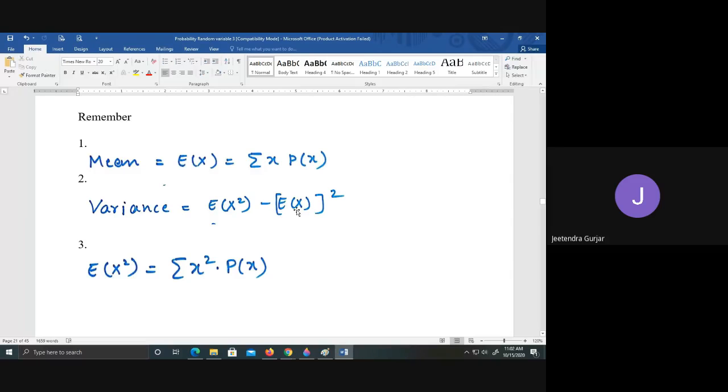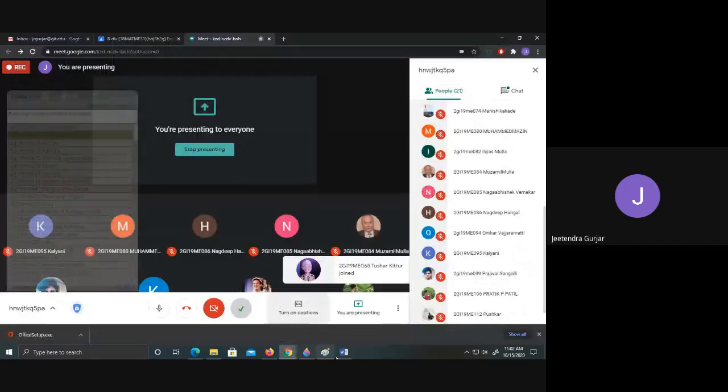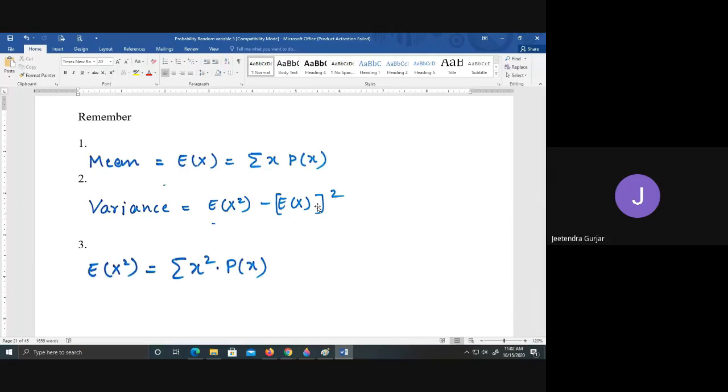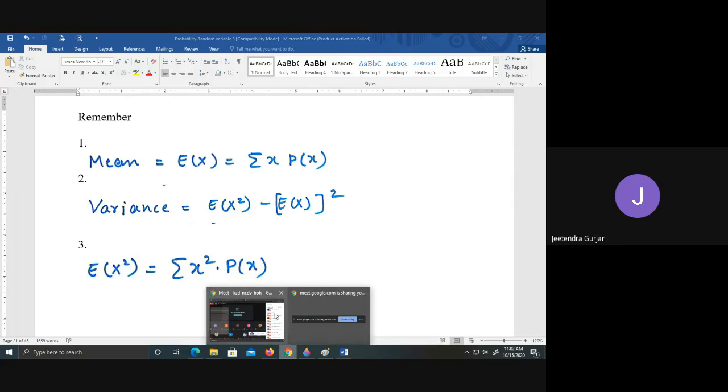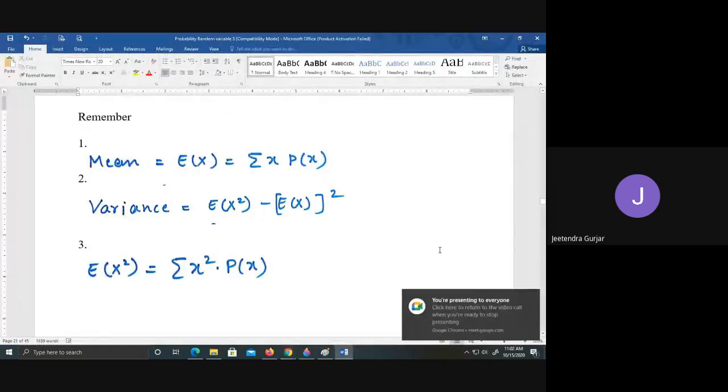So what is this E of x here? Ilyas, can you tell me what is E of x? Ilyas, what is E of x? Omkar, can you tell me what is E of x?